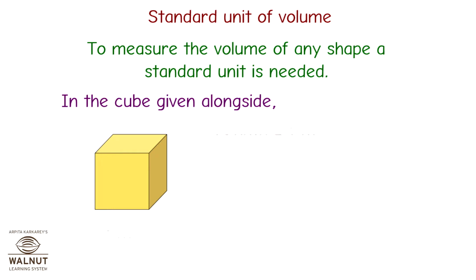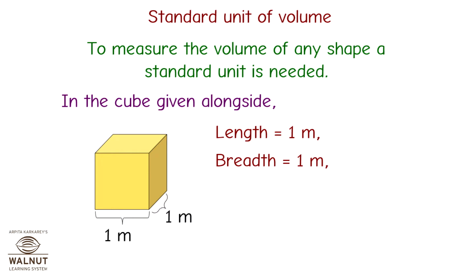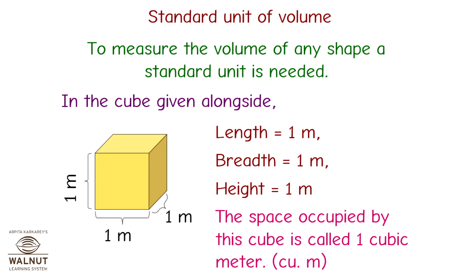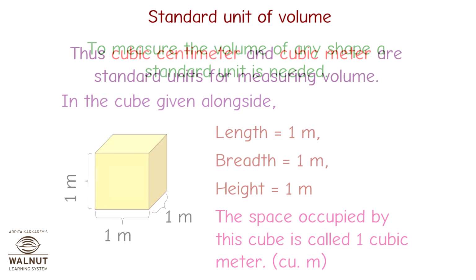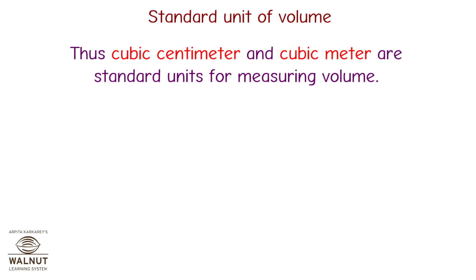In the cube given alongside, length is equal to 1 meter, breadth is equal to 1 meter, height is equal to 1 meter. The space occupied by this cube is called 1 cubic meter. Thus, cubic centimeter and cubic meter are standard units for measuring volume.